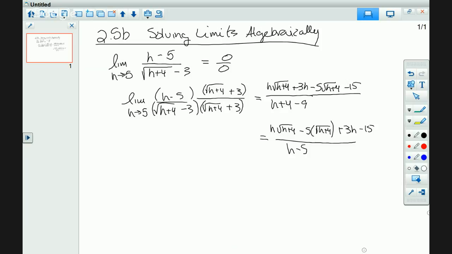But what the conjugate does here is it allows us to factor this out. So is there a way for me to get h minus 5 in the top? We can factor a 3 out of there, right? Can I make this an h minus 5? Yeah, because I can take the roots out.